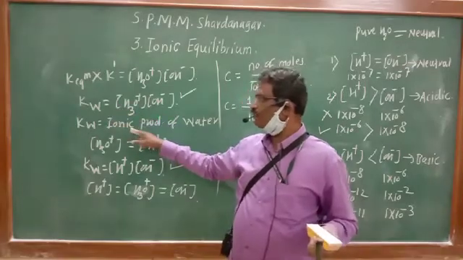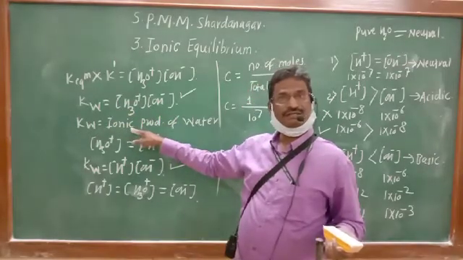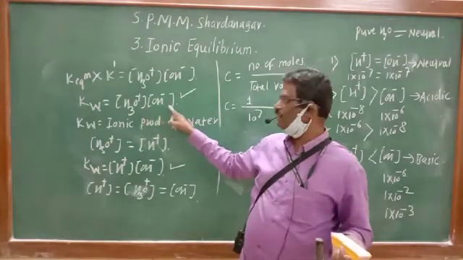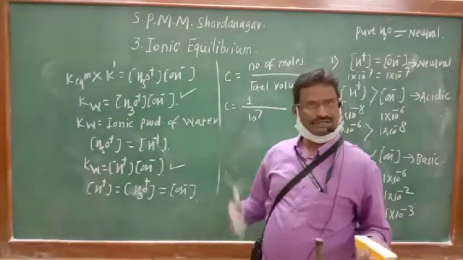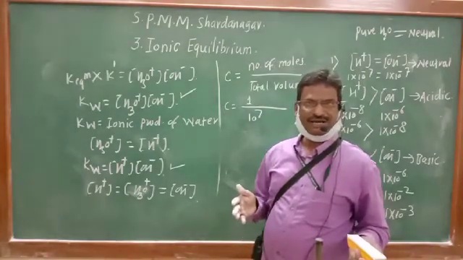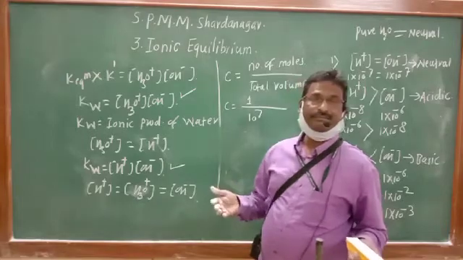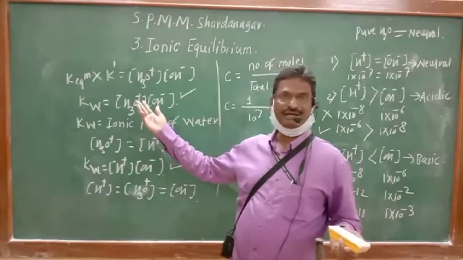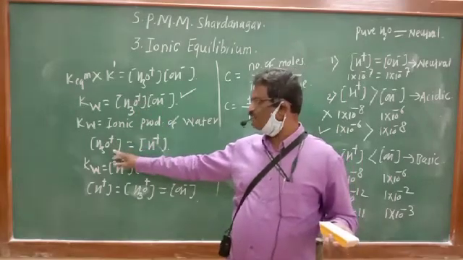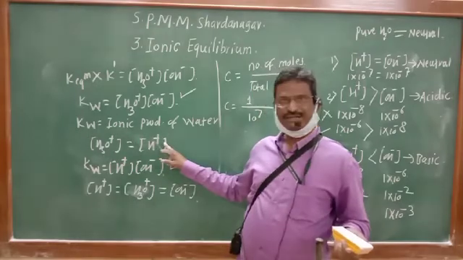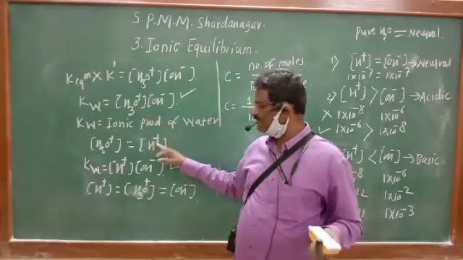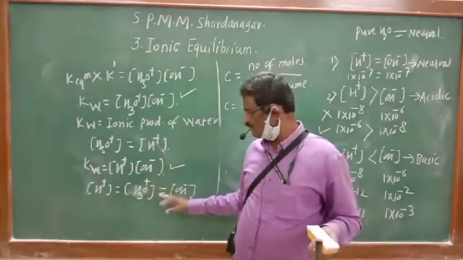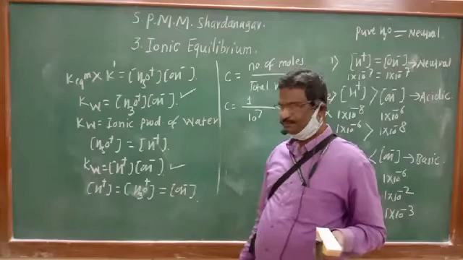This is known as the ionic product of water constant, that is the product of molar concentration of hydronium ion and hydroxide ion. Since whatever H plus ions are formed, the same hydronium ions are obtained, and the same OH minus ions are obtained. Therefore, the concentration of hydronium ion is equal to the concentration of H plus ion. This is replaced by H plus and we get Kw is equal to H plus into OH minus. This is also known as the ionic product of water.